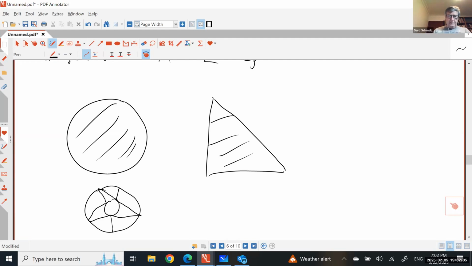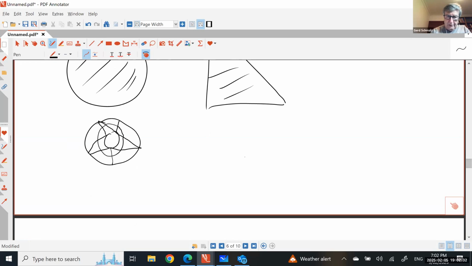So that would be a triangulation of that disk with the hole, or that domain with the hole. So it still can be triangulated. And here we could have, as I showed before, something like this, which is a cycle, but it is not a boundary.